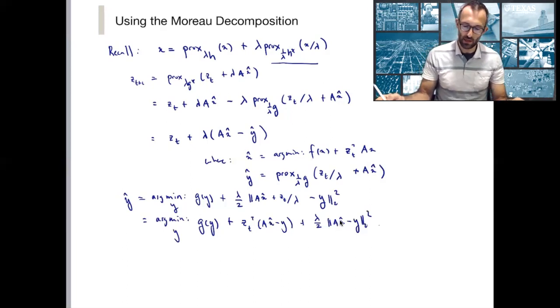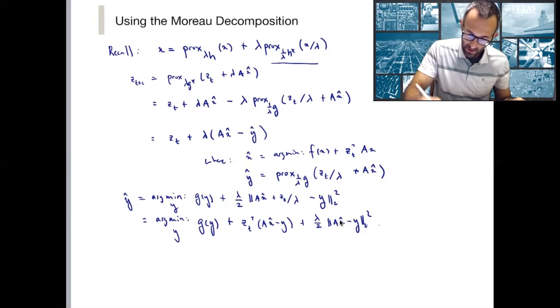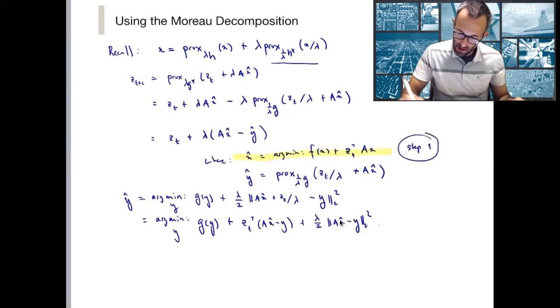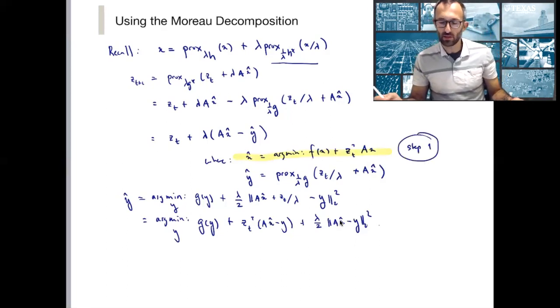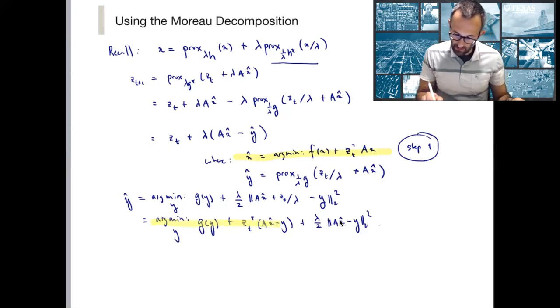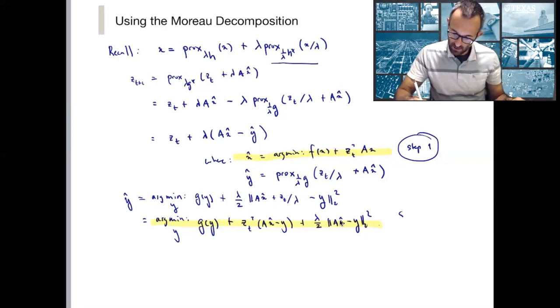And so putting these three steps together, I won't write it all out, but let's see. Step 1, I compute x hat. x hat just needs to know what the previous zt was, doesn't need to know anything about y. Then step 2, I compute this augmented Lagrangian. So I should just call this the Lagrangian.